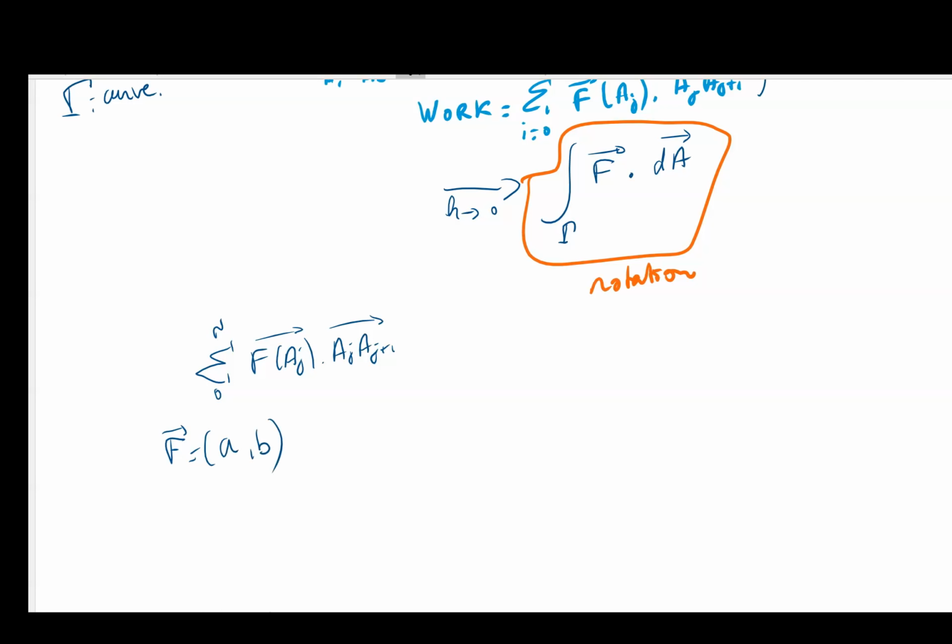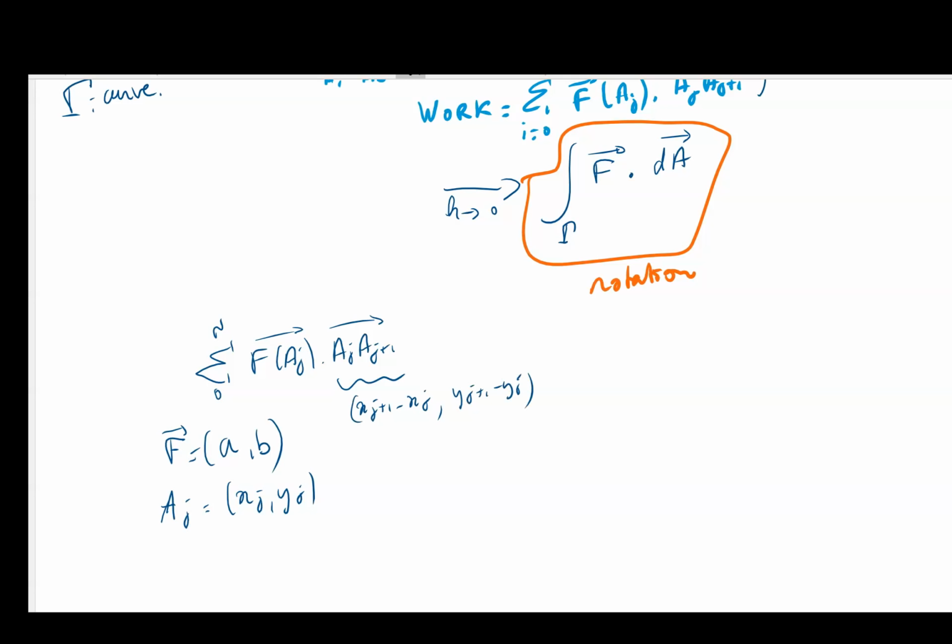Let's say that any point Aj is going to have components xj, yj, so that this vector is going to have components xj+1 minus xj and yj+1 minus yj.